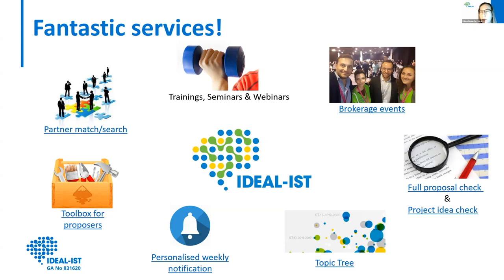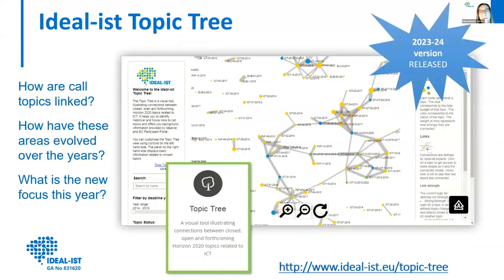We help you check with your project ideas in various stages of your project development. We also help you navigate through our topic tree, through the topics available in Horizon Europe. And we have a toolbox that offers you some useful tools in the proposal development process. Next, please. So I'll go into a little bit of detail.